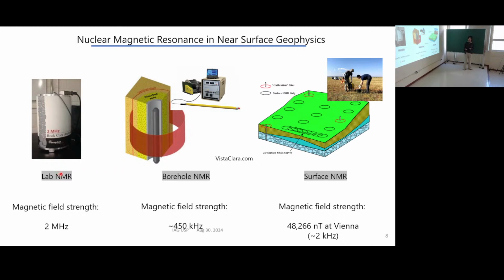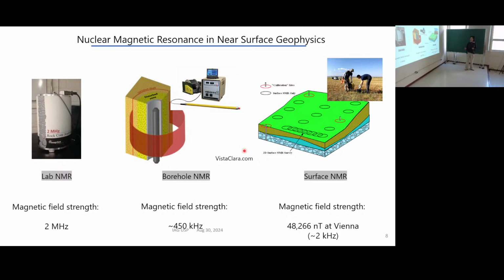First, we can do the benchtop lab-scale NMR measurement. This is low field, 2 megahertz or 12 megahertz. For example, this is the setup I had before when I was in Kansas, but now I have a more powerful one, 12 megahertz, which allows us to make spatially distributed imaging measurements.